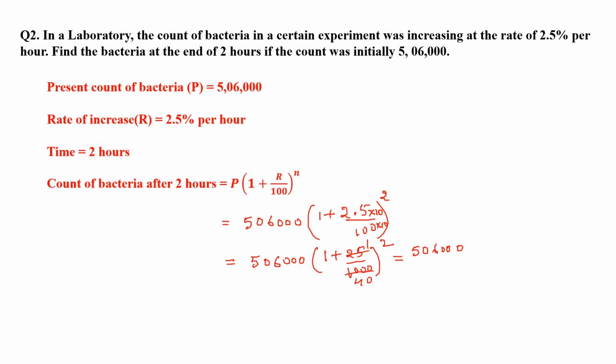and then if I take the LCM it will become 41 by 40 into 41 by 40, and I'm going to reduce both the zeros, and 4 times 1, and here I can take it as 1265, and this will become 1265 into 41 into 41 divided by 4.